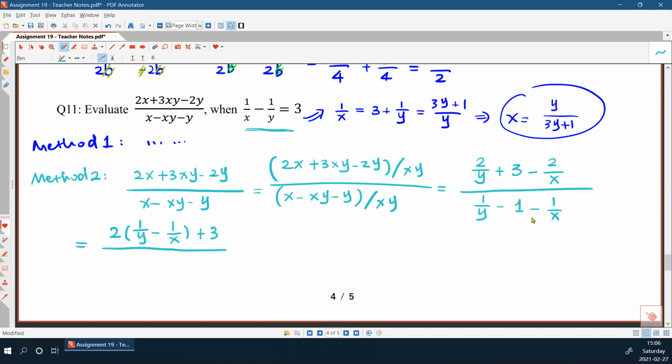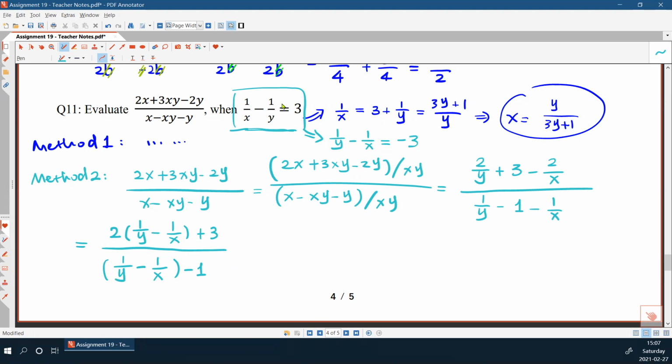So how about the denominator? Denominator is actually 1 over y minus 1 over x minus 1, right? And then you can see that all we need to know is 1 over y minus 1 over x. Actually, this is given to you by this expression, right? So this expression tells you actually 1 over y minus 1 over x equals minus 3, right?